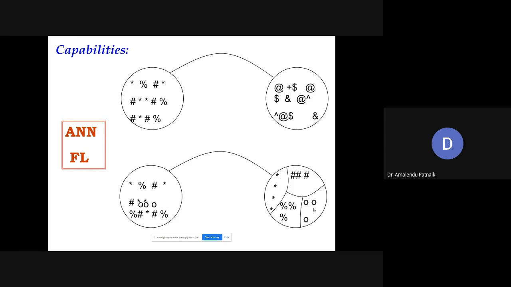In mathematics, we call it a classification type of problem. So function mapping type of problem and classification problems can be solved using these two meta-heuristics, ANN and fuzzy logic.